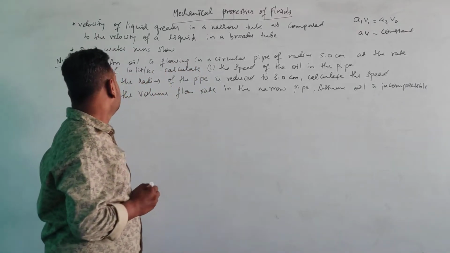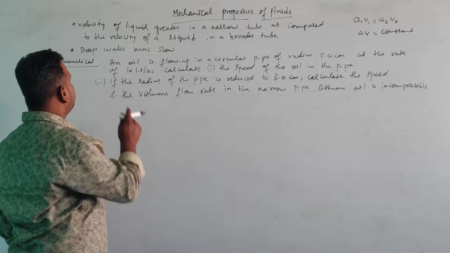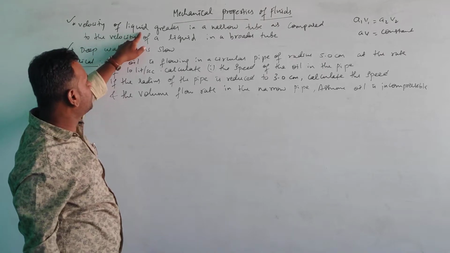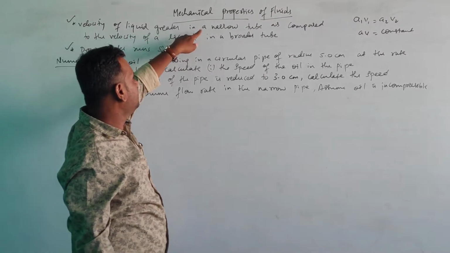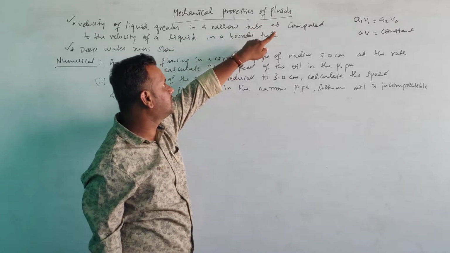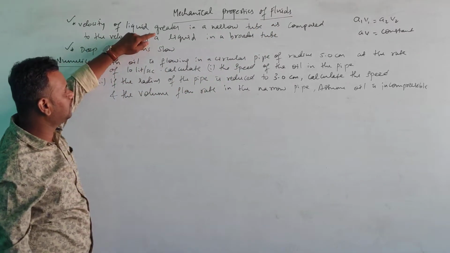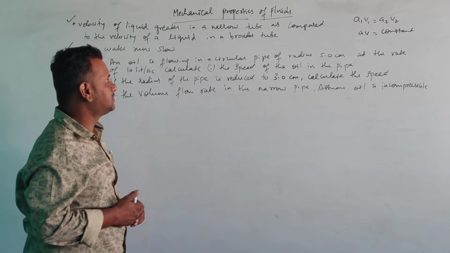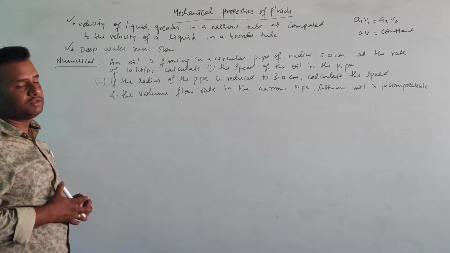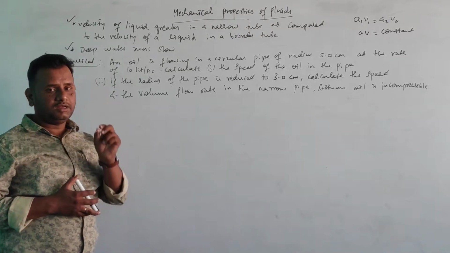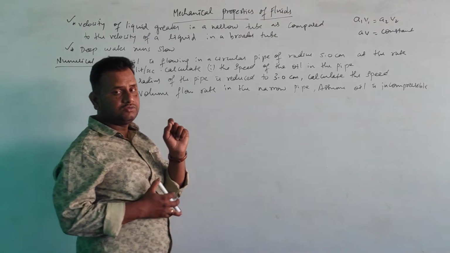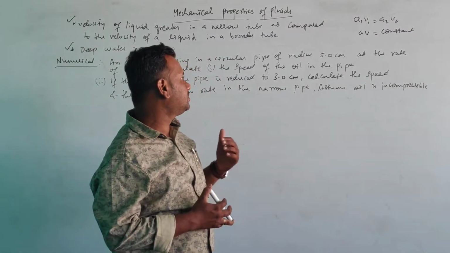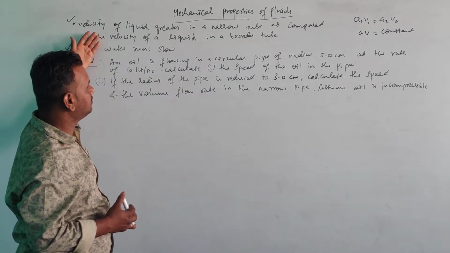Now, from that expression, we got to know the conclusion that the velocity of liquid is greater in a narrow tube as compared to the velocity of a liquid in a broader tube. For a narrow tube, the area of cross section is less, so because of that the velocity is more.